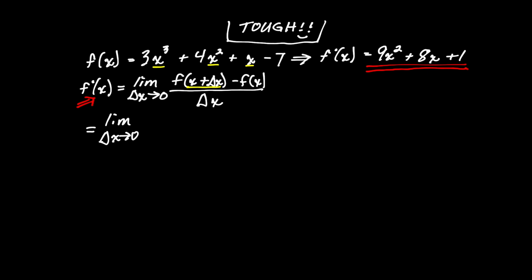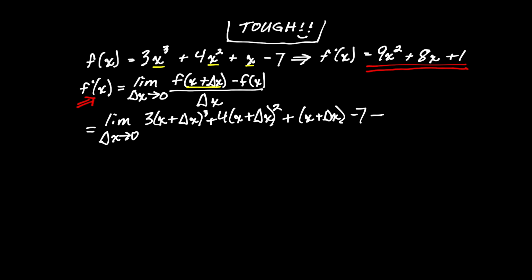So let's go ahead and do that. 3 times x plus delta x, quantity cubed, plus 4 times x plus delta x, quantity squared, plus x plus delta x, minus 7, minus now the whole function in parentheses here.